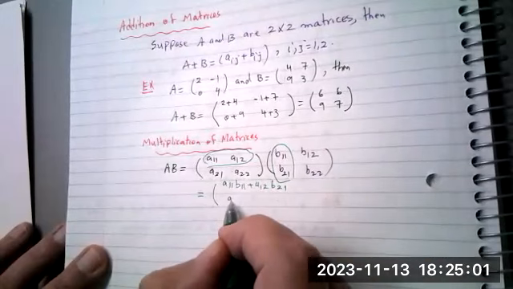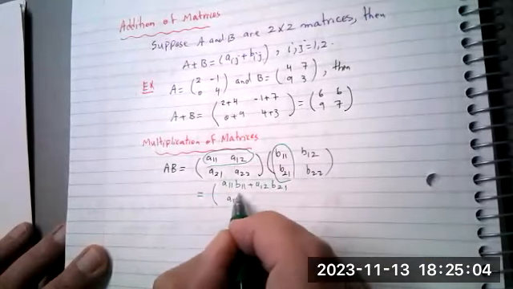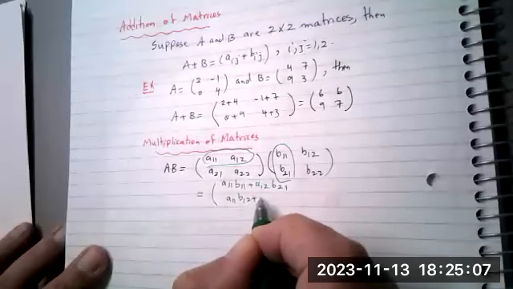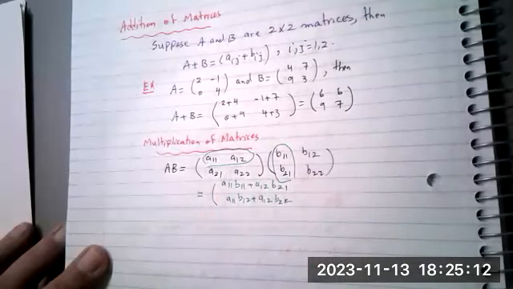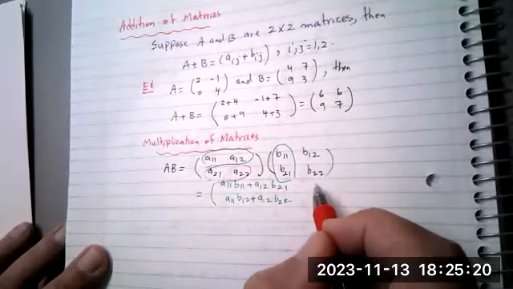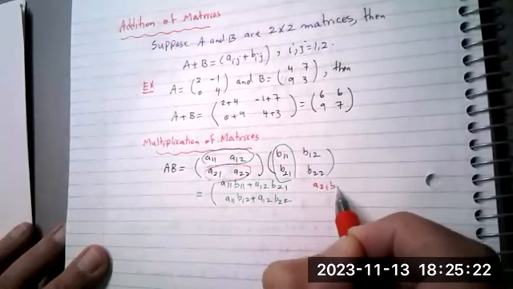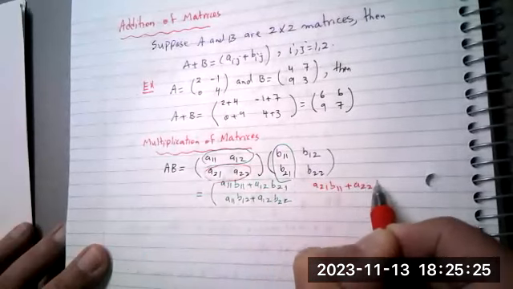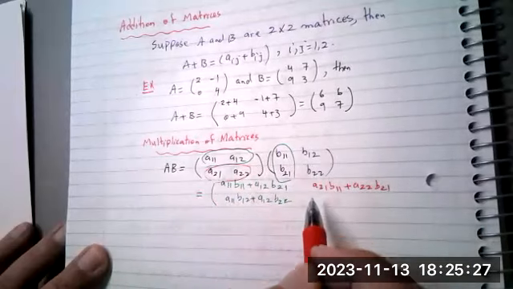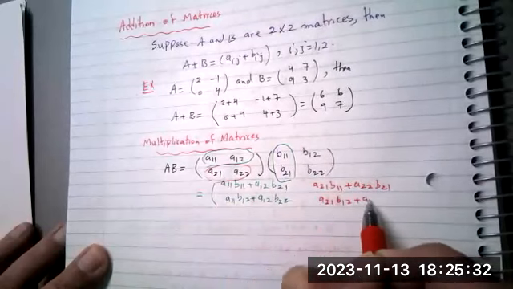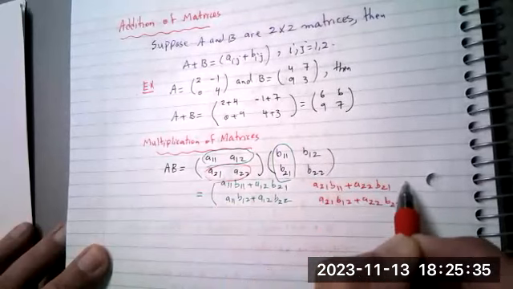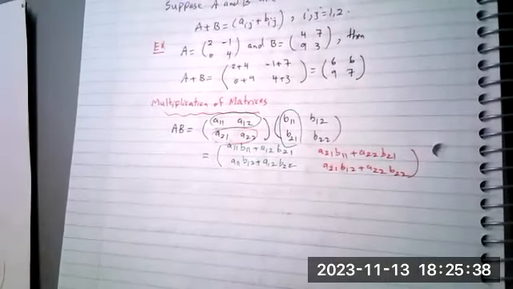So that gives you A11, B12 plus A12, B22. So multiply the first row by the other column. And then we come back and we do the second part. We do the same thing for this one. So you are going to get A21, B11 plus A22, B21. And you do the last one. So that gives you A21, B12 plus A22, B22. It's easier than it seems to be, you know that.